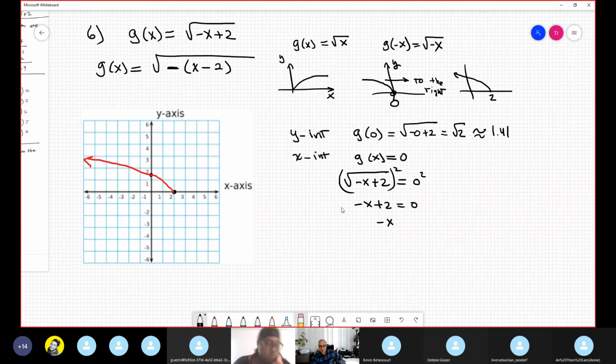So minus x equals minus 2, x equals 2. Boom, exactly as we expected. This point is (2,0). This is the x-intercept. And this point is (0,1.41). It's the y-intercept. And our graph looks like that.